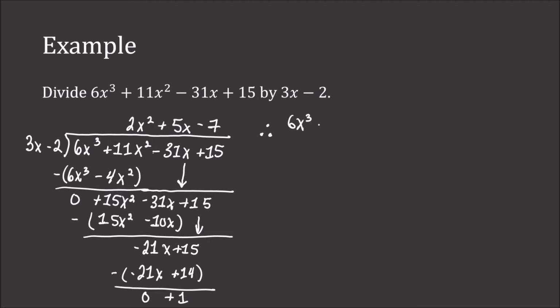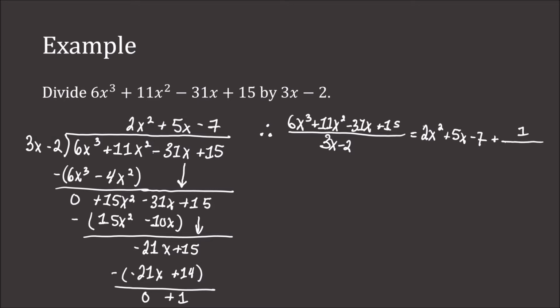6x cubed plus 11x squared minus 31x plus 15 divided by 3x minus 2 is going to equal 2x squared plus 5x minus 7, and then plus 1 over 3x minus 2.